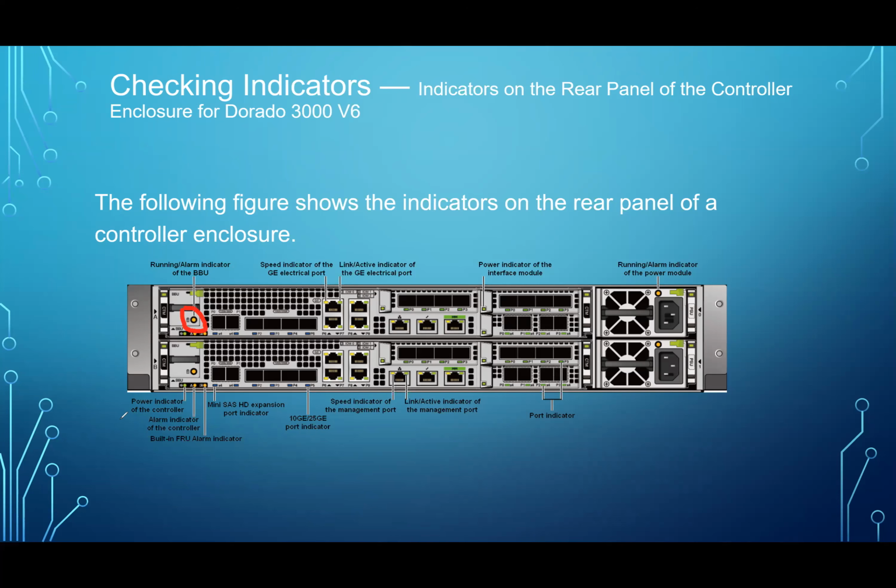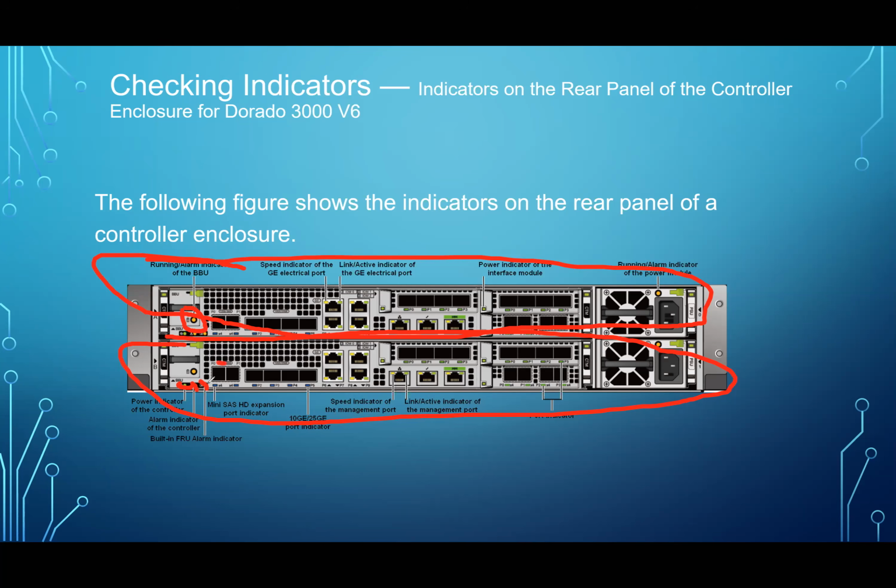Right here, on each controller, the upper one is the upper controller and this is the second controller, controller A and controller B. For each of the controllers, we have the power indicator first, then the alarm indicator, which shows if there is a component alarm currently on the storage.